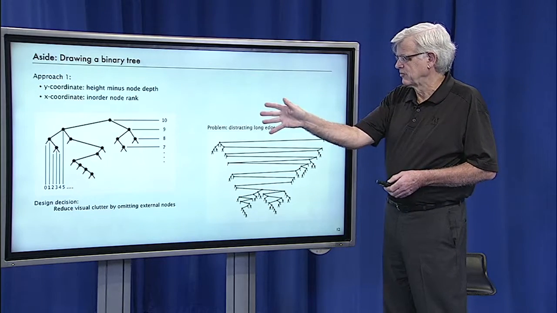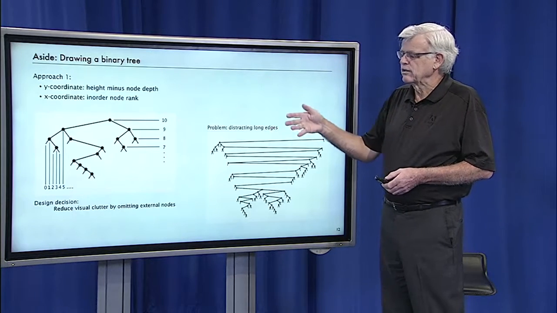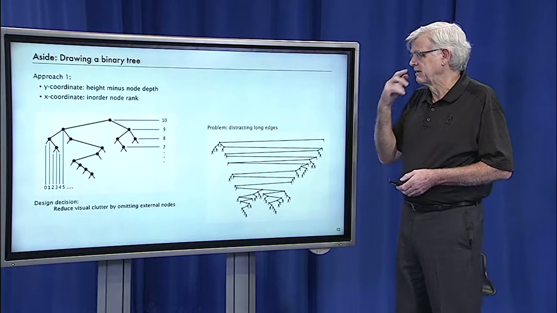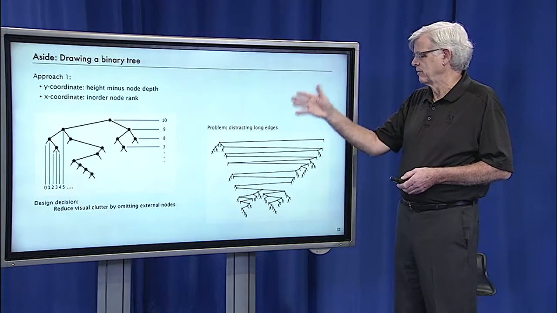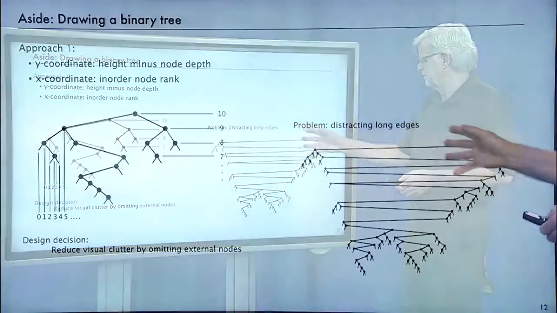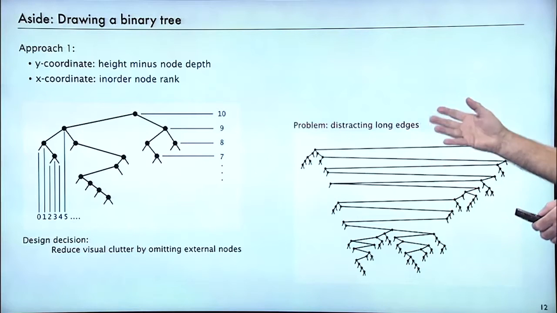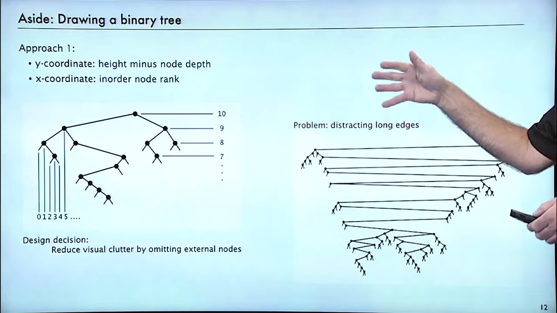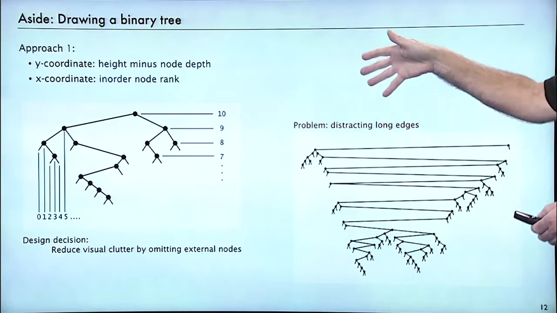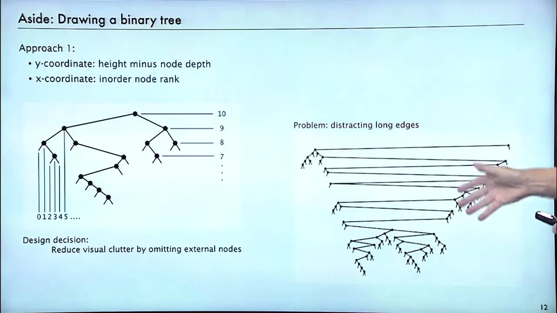And number two, it spaces the nodes in the tree out nicely. Usually when we draw big binary trees, we leave out the external nodes. Now, there's a problem with this, is that you get distracting long edges for some kinds of trees. Particularly for, say, binary trees that represent general trees, and you can use a similar algorithm like this for general trees, by the way. But anyway, that's a problem.